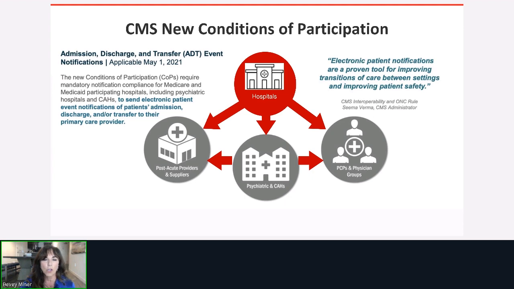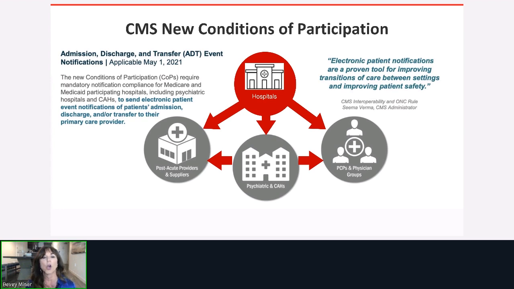So let me talk just a little bit about the CMS new rule. And the CMS rule, and maybe you've even heard about the conditions of participation. This is a term that CMS uses when they want to define who has to comply to a particular rule.